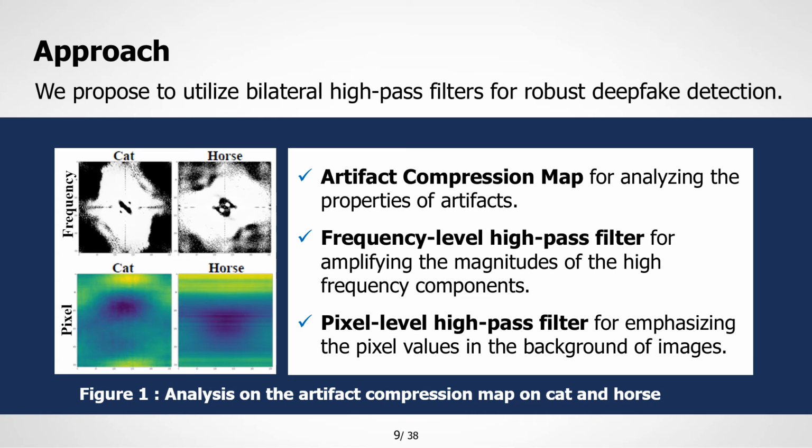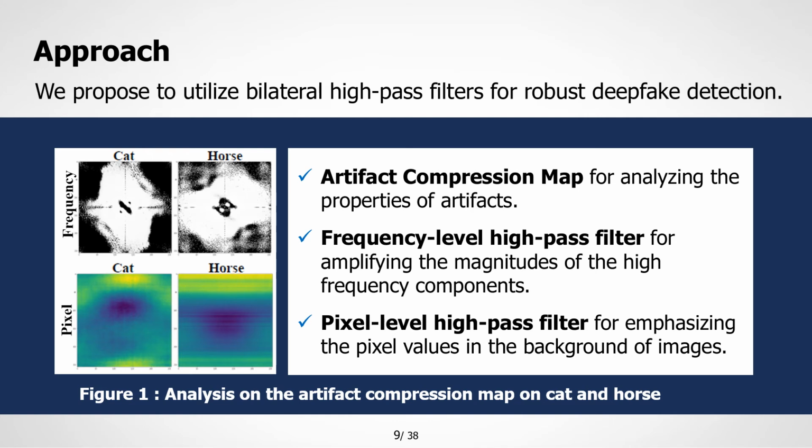First, we have found that the artifacts have large magnitudes in the high-frequency spectrum in the frequency domain. Second, we have found that the artifacts are located in the surrounding background of the image in the pixel domain, as shown in the bright pixels in the bottom row of Figure 1.